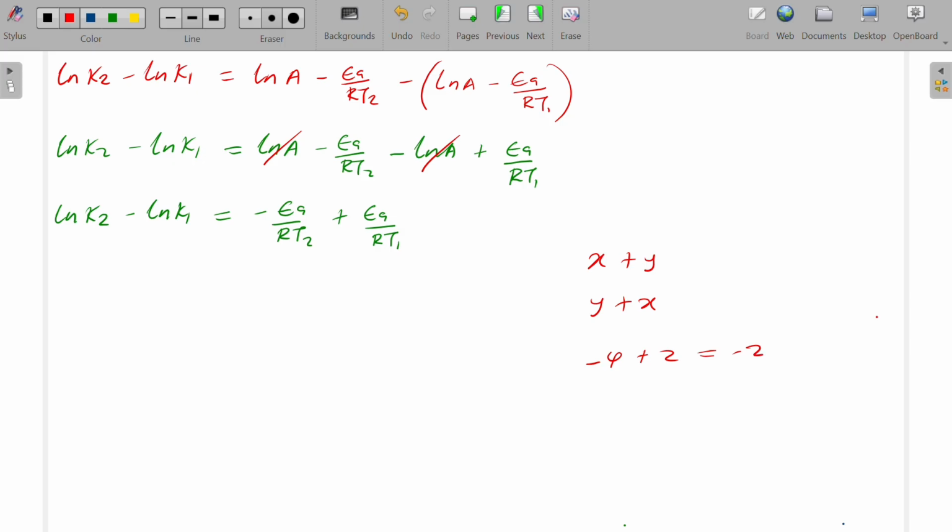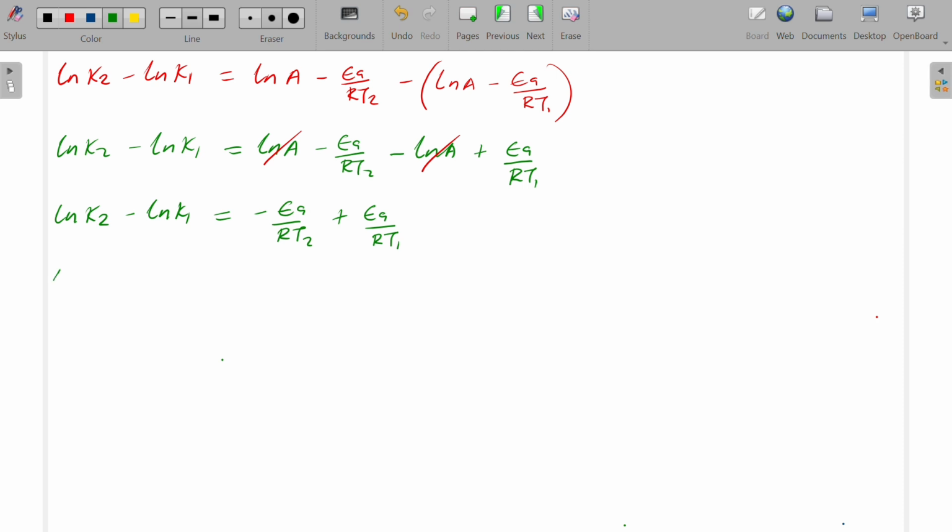And if we have 2 minus 4, this will still give you a minus 2. So whichever way you write it, you're still going to have the same result. So this is what we are going to do here. We'll start writing the positive and then the negative instead of negative, then positive. So let's quickly do that.